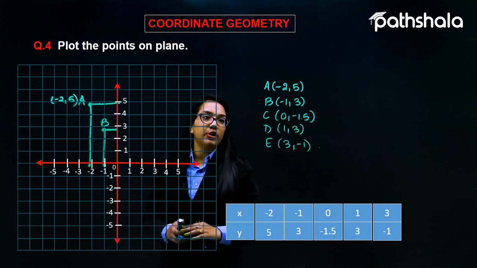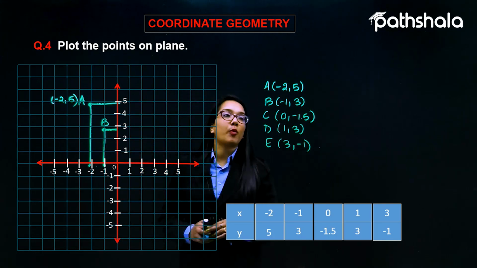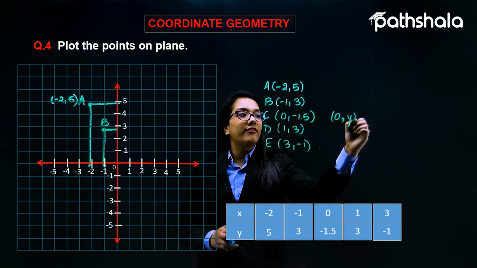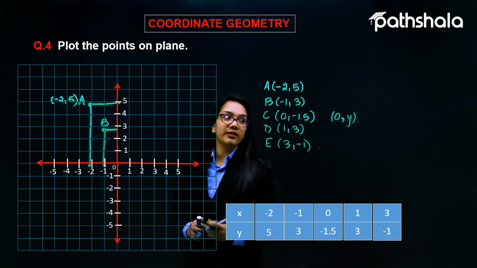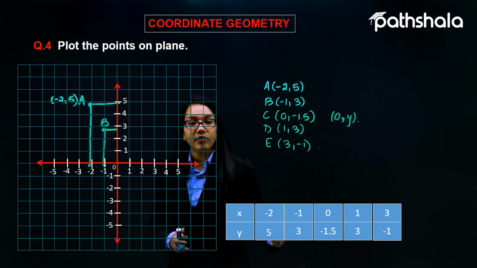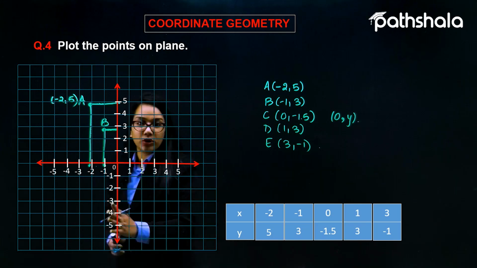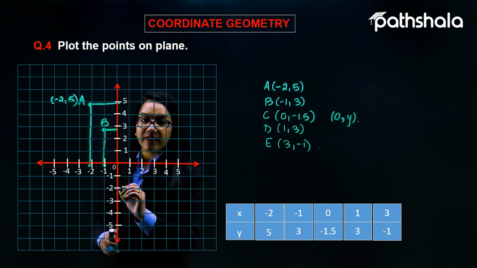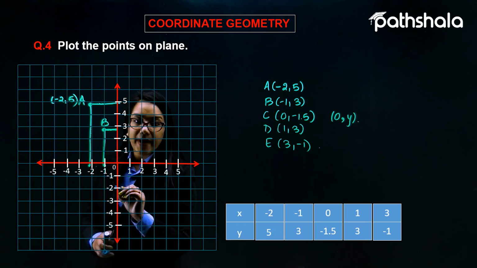Let's move on with the point C. It is 0 comma -1.5. Obviously it is of the form 0 comma y, which means it lies on the y-axis, but y being negative, it lies on the negative y-axis, in the downward direction. So -1.5 lies between -1 and -2.